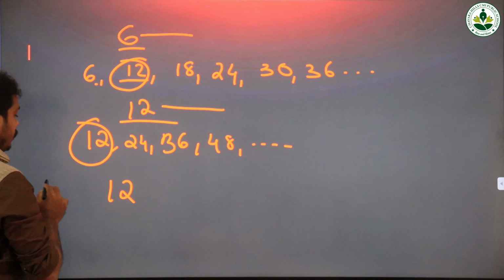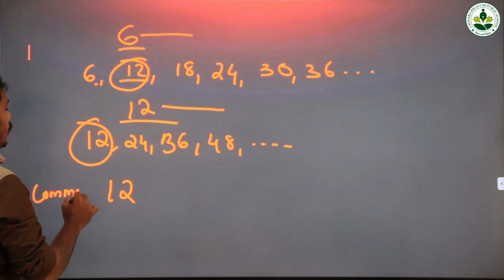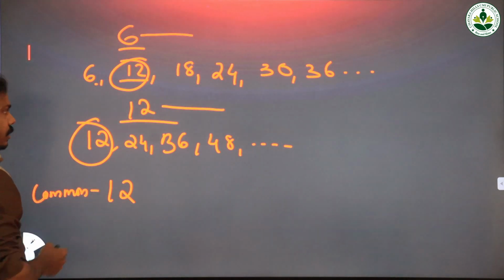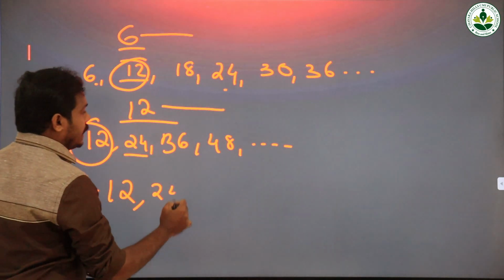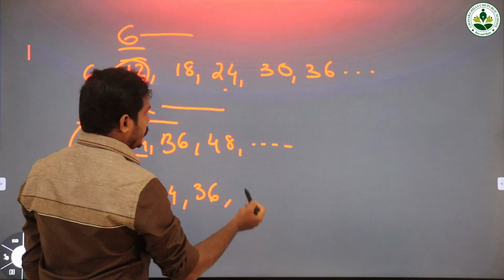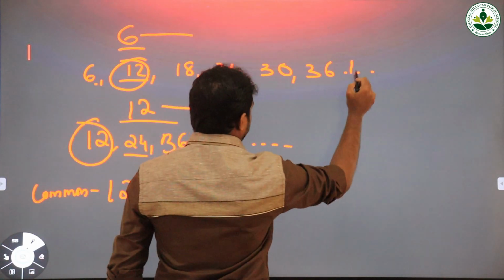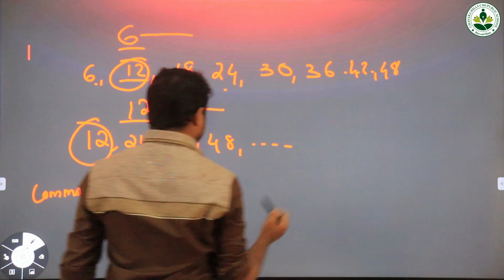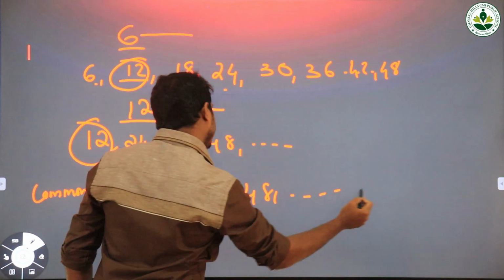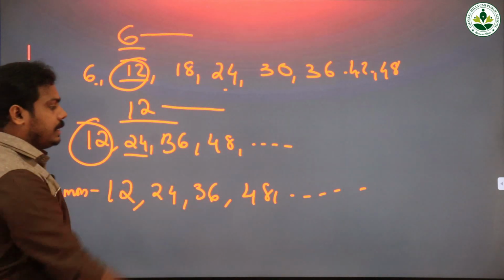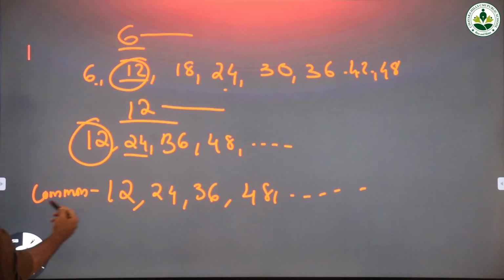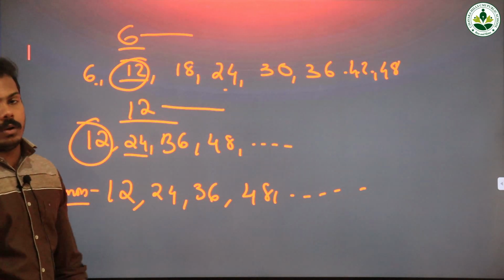So the first common multiple of 6 and 12 is 12, then we can see 24, then 36, then 48, etc. It is not ending, there is no end. So the first four common multiples of 6 and 12 are 12, 24, 36 and 48.